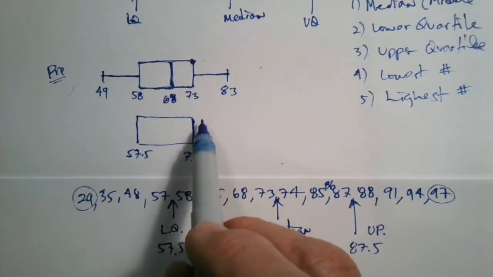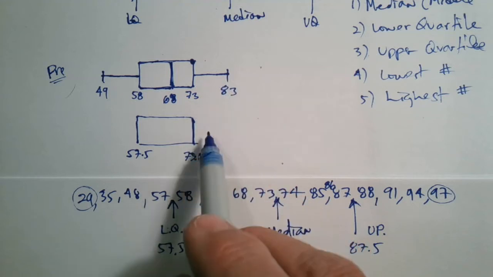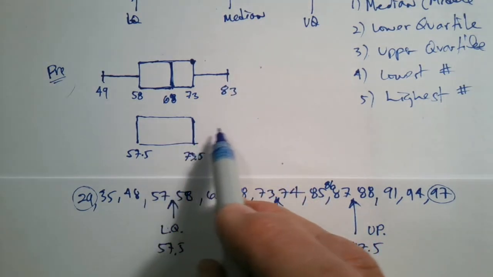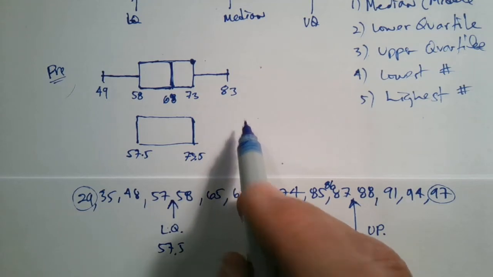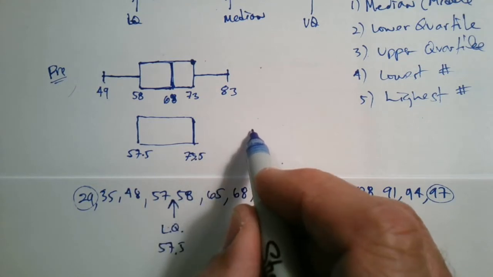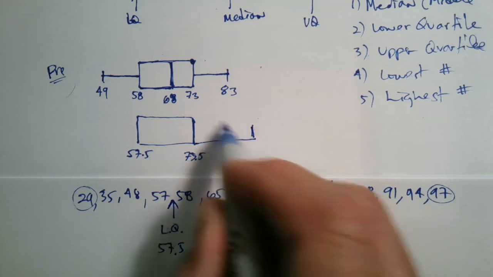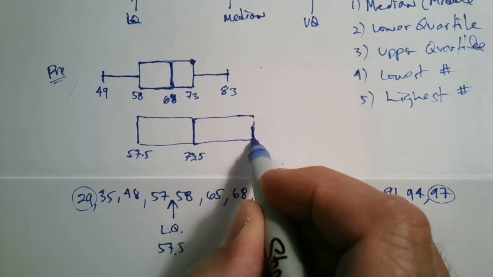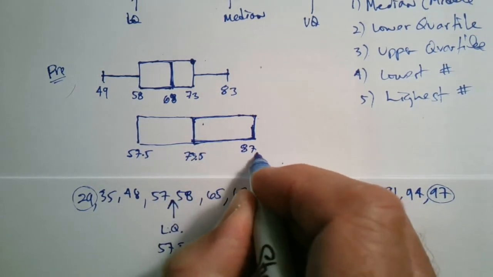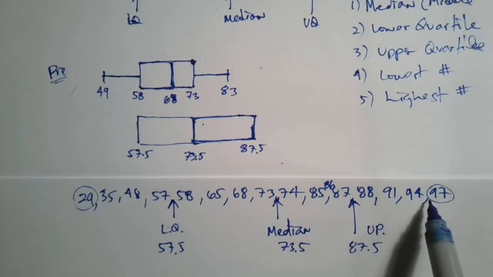So 87.5 is past my 83, but keep in mind, basically each of these distances were 10. So I just need to go another 5. So I'm going to go the full length here plus about half of that length, right? So almost that length there. So the full length plus half, so probably right about there to be at 87.5. And then my upper data is at 97.